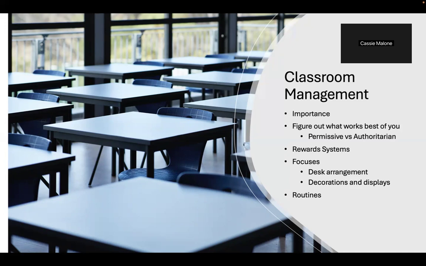Two of the main approaches are permissive and authoritarian. A permissive approach means that you and your students are on the same level, and you can work together to figure out how to go about working in the classroom.